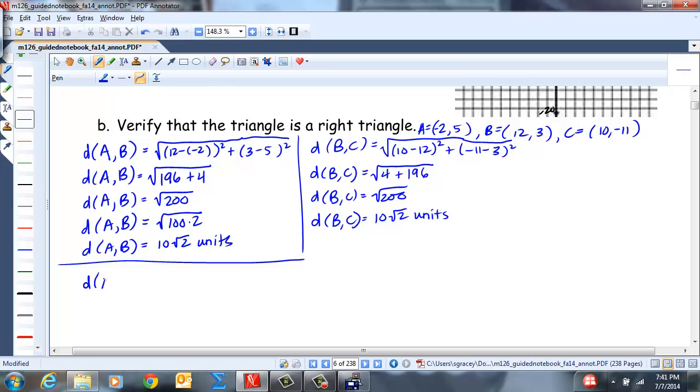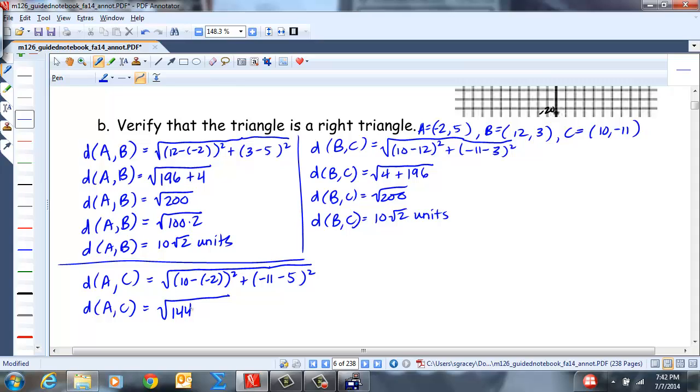All right? So let's take a look at the distance of AC. So the distance between points A and C will be the square root of 10 minus -2 squared plus -11 minus 5, the quantity squared. So this will be root 10 plus 2 is 12, and 12 squared is 144.